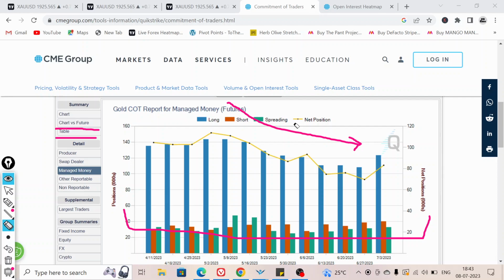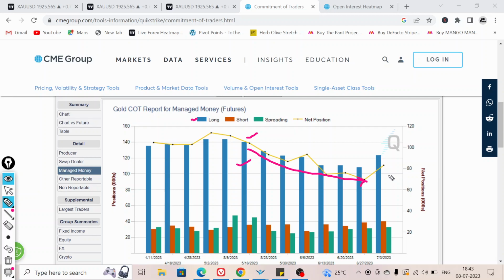These blue bars are the long positions, and from this particular week they were continuously covering their longs. But for this current week, they paused this covering, or you can say they stopped reducing their longs, and this time they added to their longs. Let me show you the change in positions for this week.